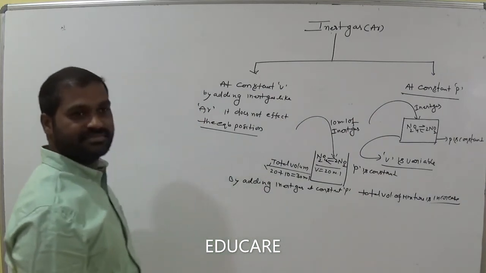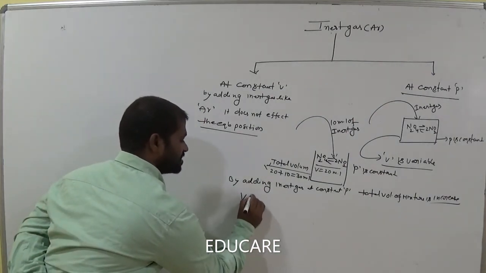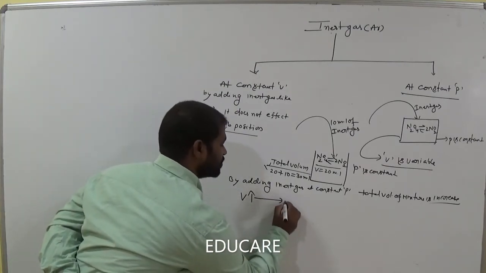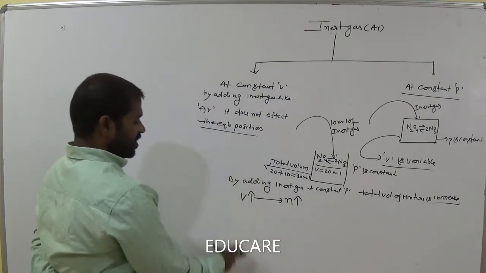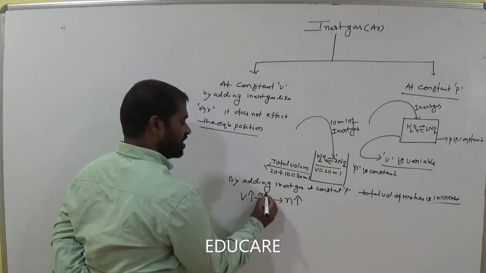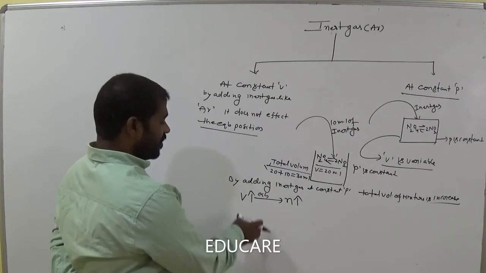We already discussed that if volume increases at equilibrium, then the equilibrium position shifts towards the more number of moles side.